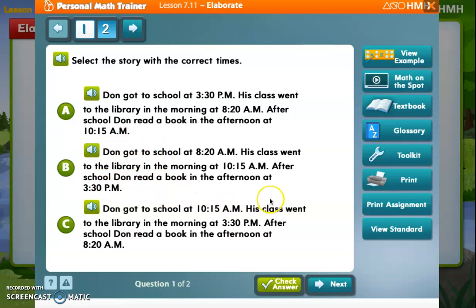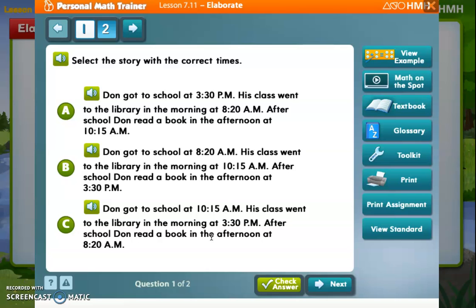Let's look at C and make sure that C isn't a better option. So Don got to school at 10:15 a.m. Okay, possible, but 10:15 a.m. is a little late. He could have maybe gotten to school a little bit late. So we're going to keep reading. His class went to the library in the morning at 3:30 p.m. So remember, p.m. is not morning. PM is usually in the afternoon or in the evening.